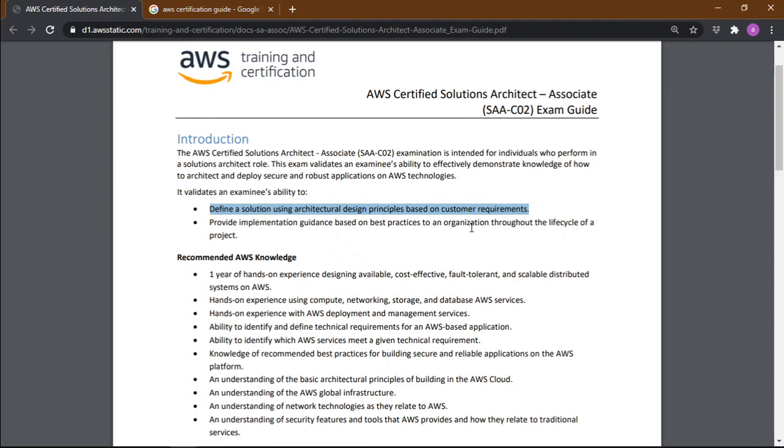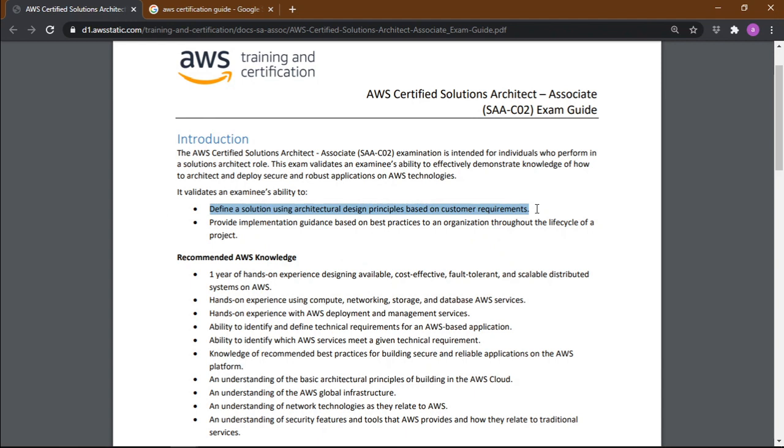You have to find an architectural design which can solve that problem, and not only solve it, but solve it efficiently and in a fault tolerant manner, keeping the high availability to the best. So this is what this definition means. This is what you must be able to do.